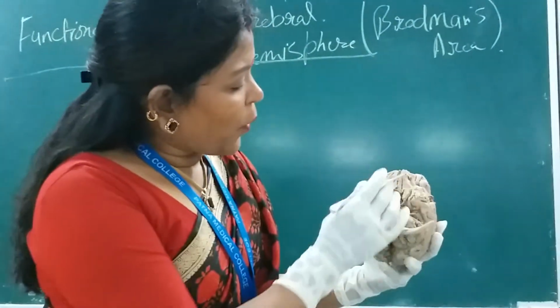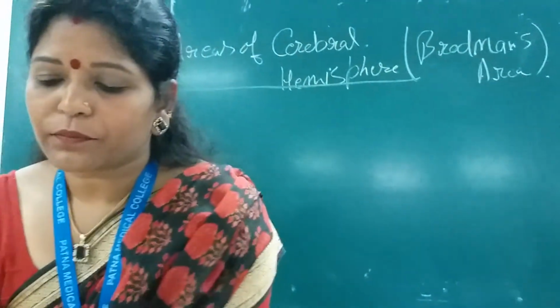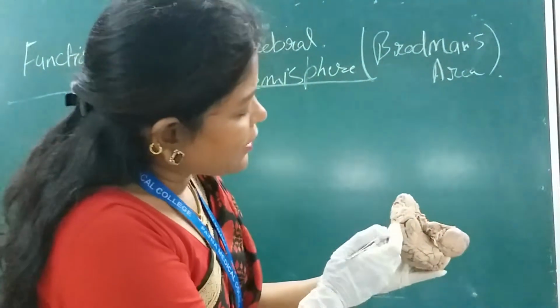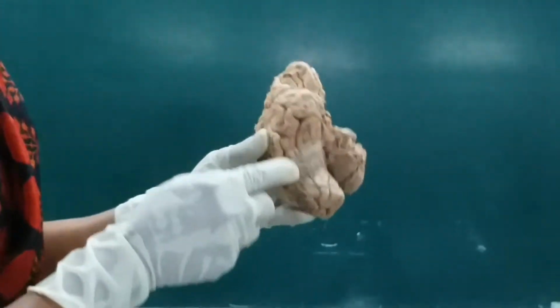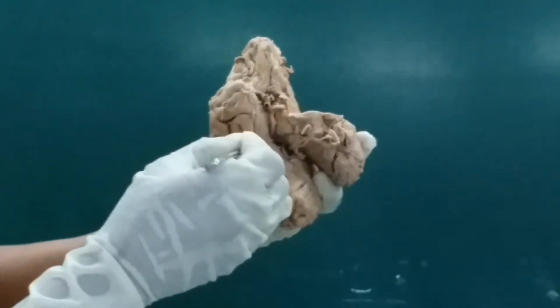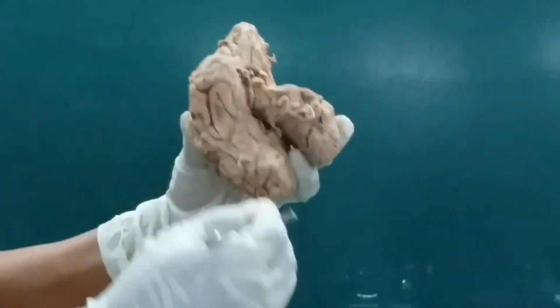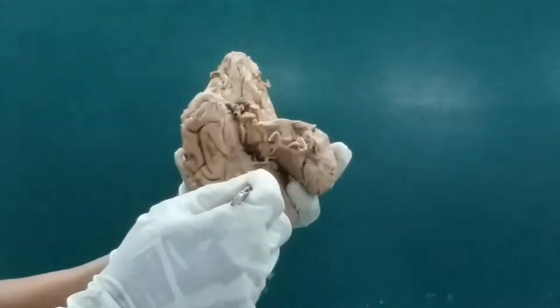Then posterior to that, look here, on this tentorial surface you will see two antero-posteriorly running sulci. The medial-most sulcus running antero-posteriorly is known as what?